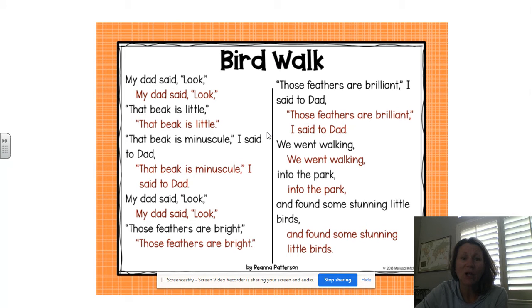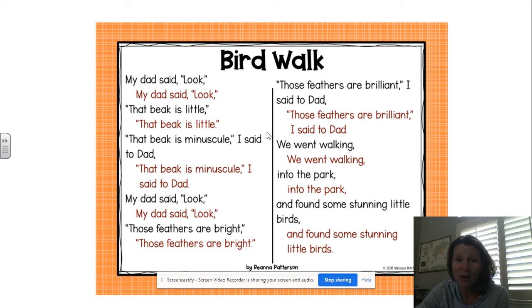My dad said, "Look, that beak is little." "That beak is minuscule," I said to Dad. My dad said, "Look, those feathers are bright." "Those feathers are brilliant," I said to Dad. We went walking into the park and found some stunning little birds.